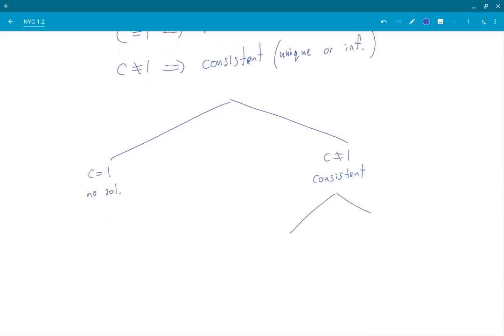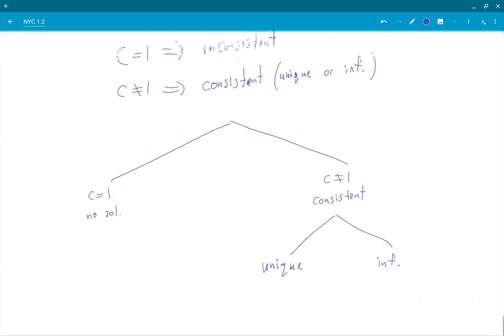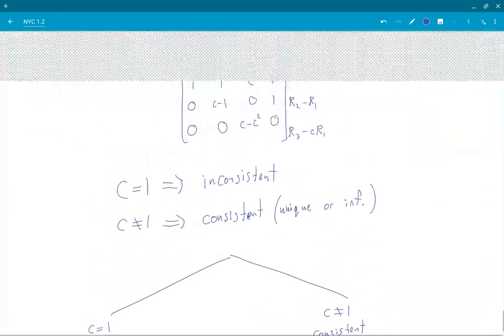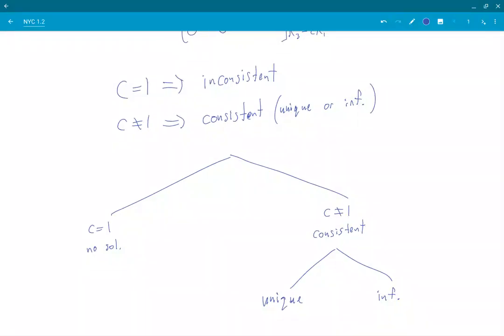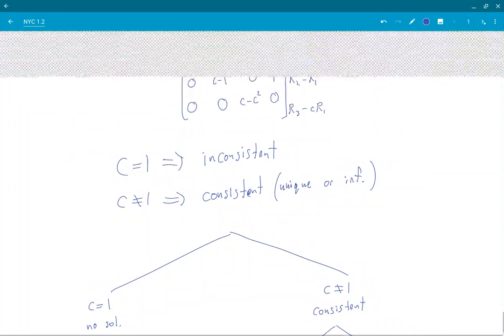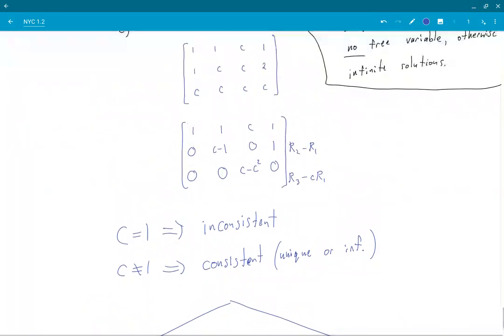Now, under consistent, I want to have unique. Is it unique or is it infinite solutions? So under the C is not equal to 1.